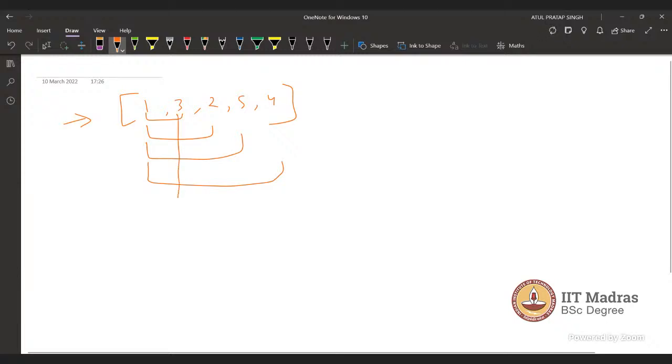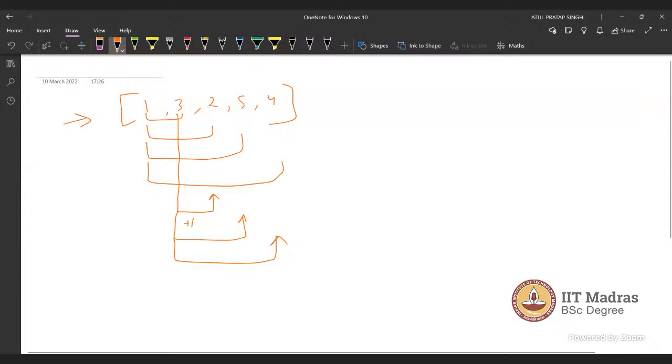Now we will check for this 3, for the next part. 3 is greater than 2 but comes before this 2, so there is one inversion. Just check the next 5. 3 is less than 5, so there is no inversion. And next, 3 is less than 4.